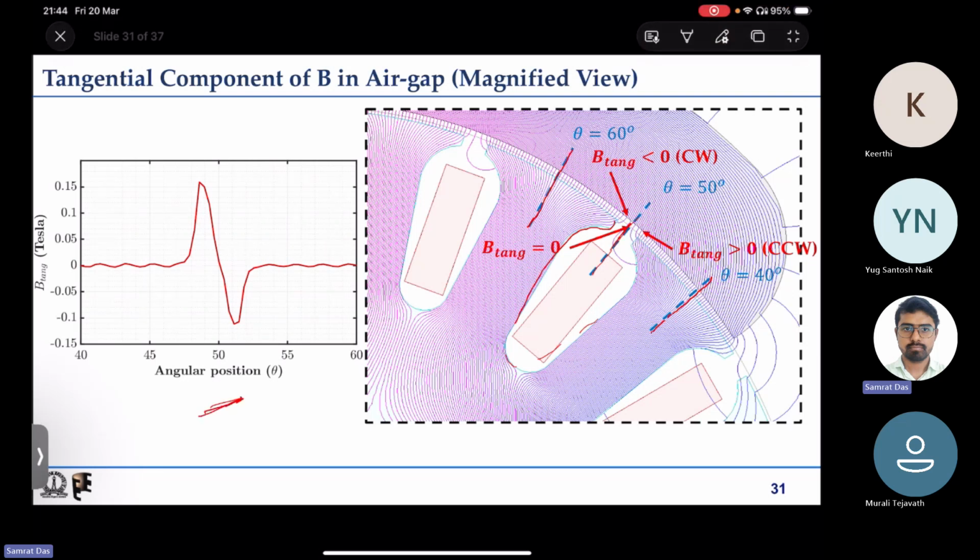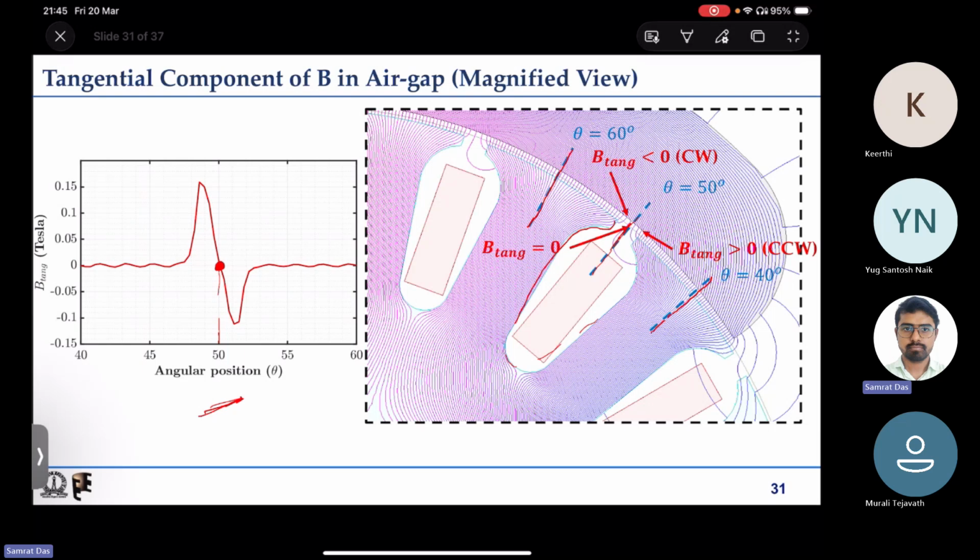You can see that at 50 degrees, the tangential component of flux density is 0, because on one side the flux lines bend to the left, and on the other side they bend to the right. That is why no flux lines exist at the middle. So you have roughly 0 tangential component of flux density at the middle.